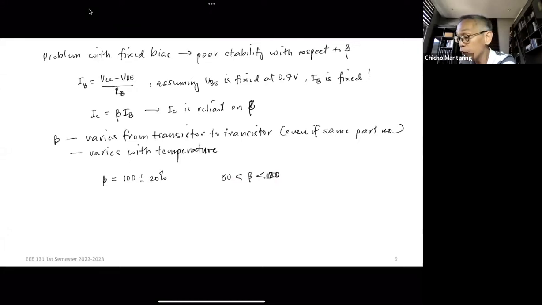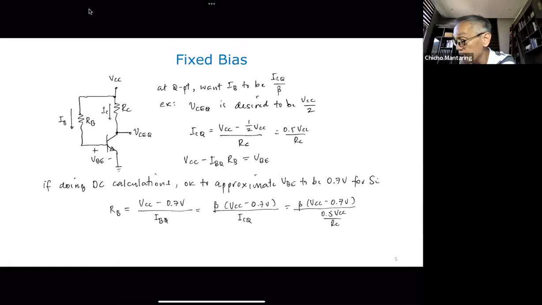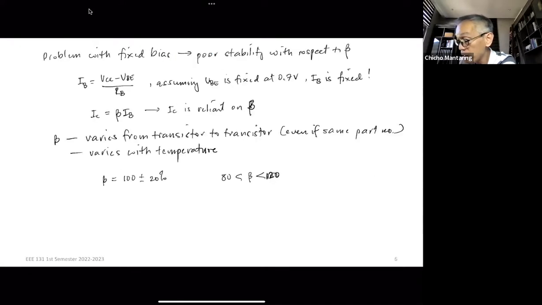So your ICQ can increase by 50% if it's from the low side to the high side.